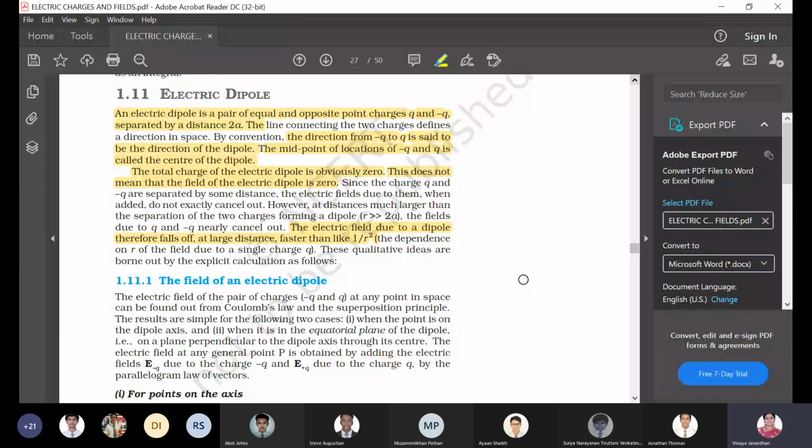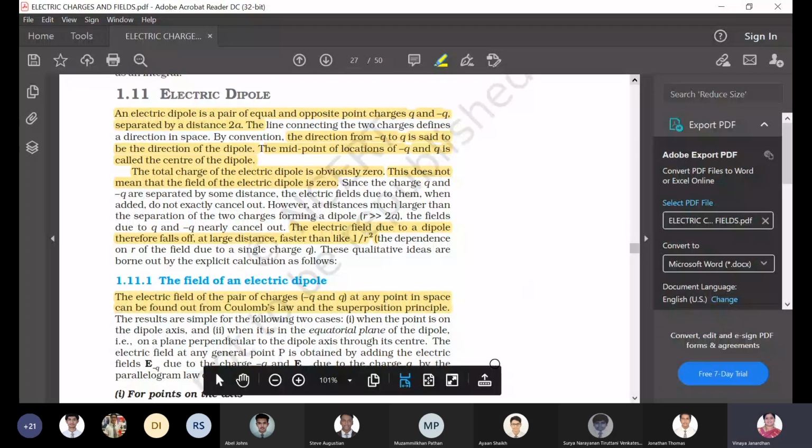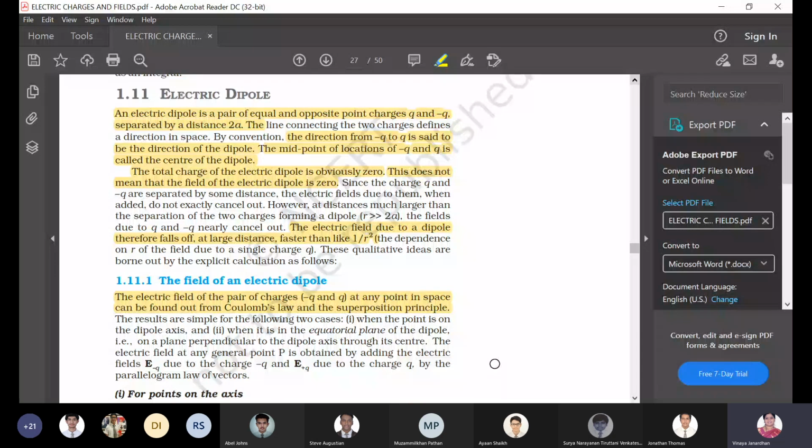Now, the electric field of an electric dipole can be found from two things: one, Coulomb's law, and the other, the superposition principle. If you have a dipole, the dipole will create an electric field. If you want to find the strength of the electric field, you have to use the superposition principle as well as Coulomb's law.